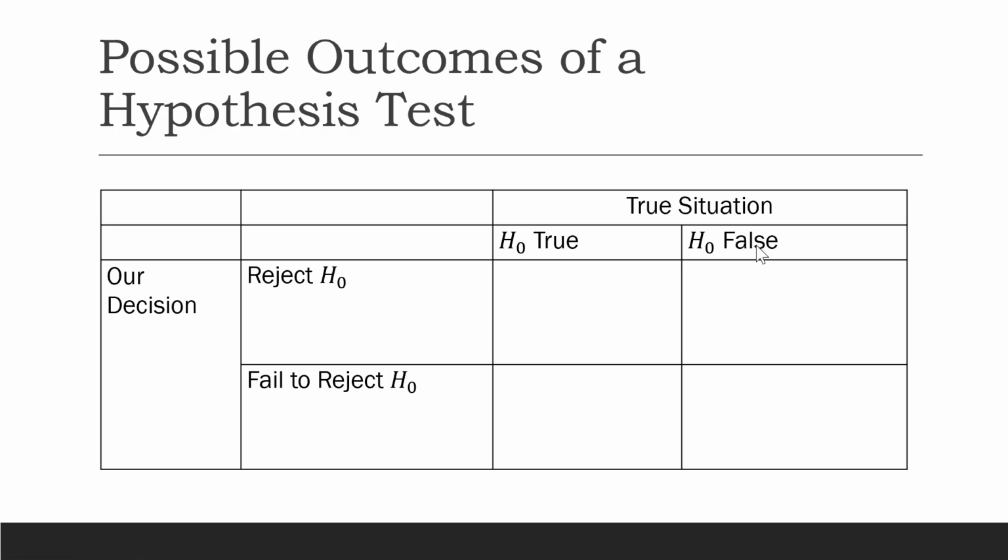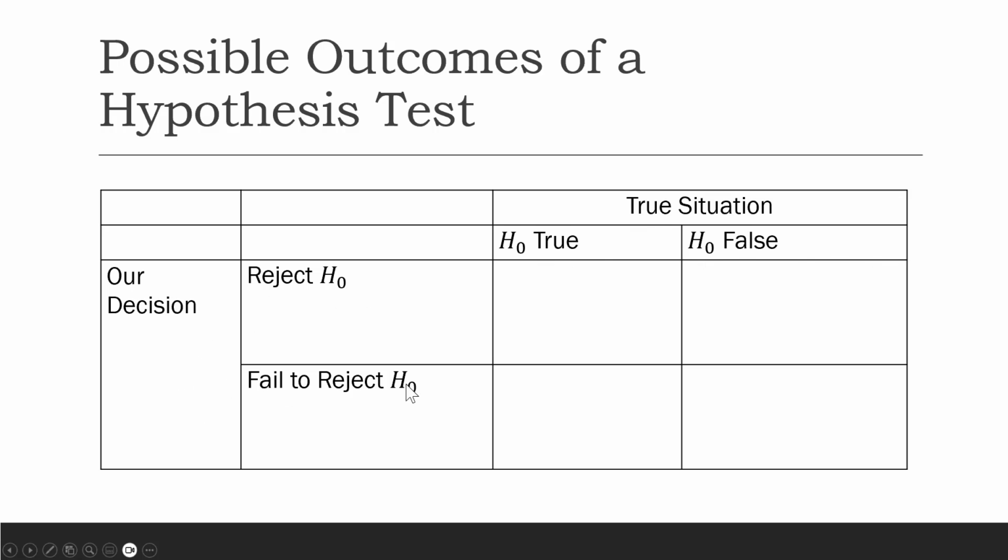We just gather data, use probability and uncertainty to come up with a decision to reject or fail to reject, right? But there's a true situation in reality that we do not truly know. But let's suppose that we do know in some cases that H naught is true or H naught is false, right? These are our two scenarios here. And then, of course, whenever we do a study, we are either going to reject the null or fail to reject.